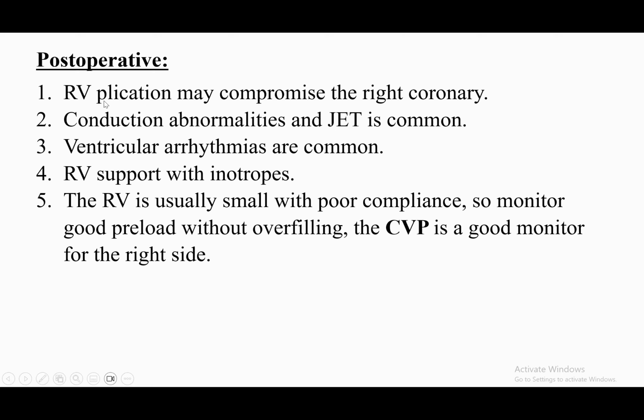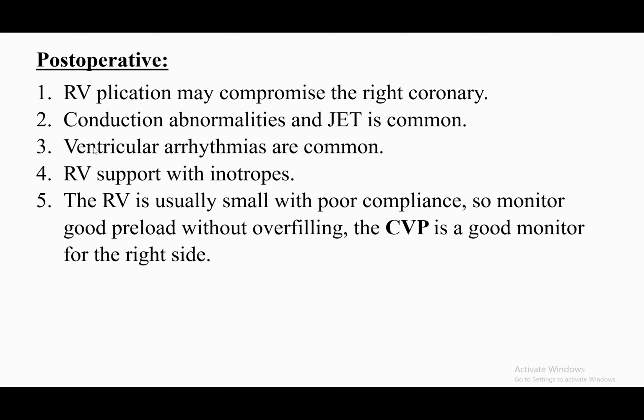Post-operative, the RV plication may compromise the right coronary, so we should check the function of the right ventricle and the posterior region of the left ventricle. Conduction abnormalities, JET is common.